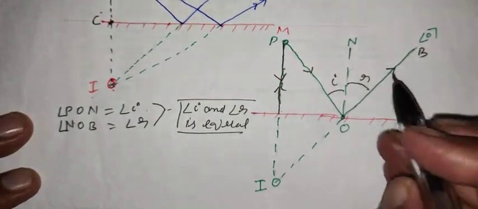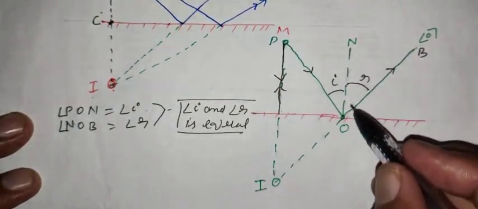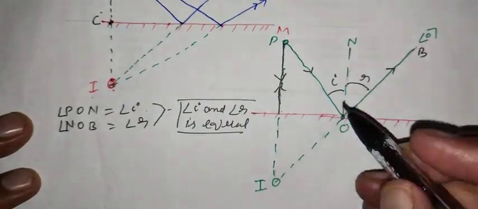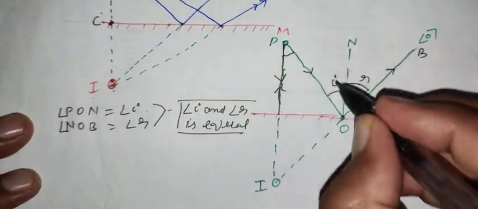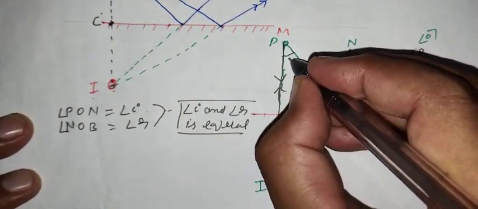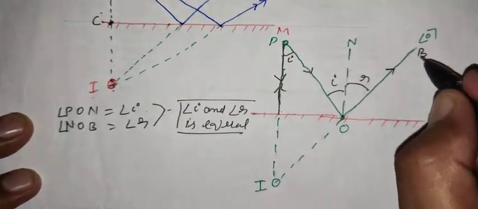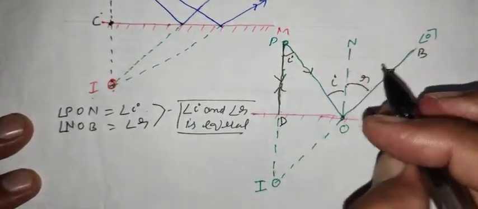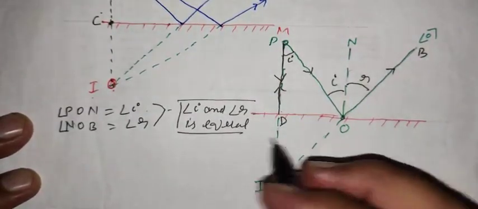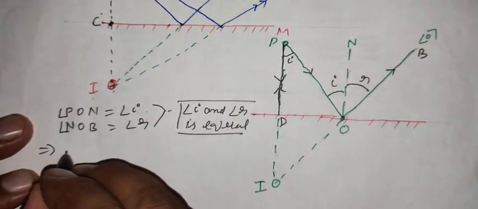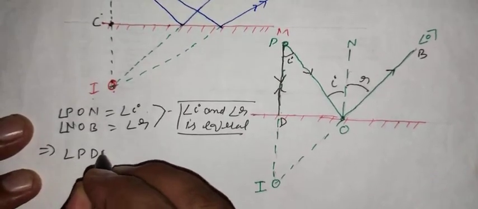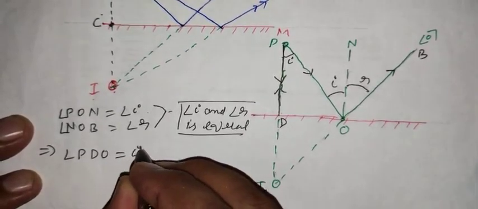Now see very carefully, these are two parallel lines and this line intersects them, so alternate angles are equal. This angle is also equal. If we take this point as D, then angle PDO is also i.